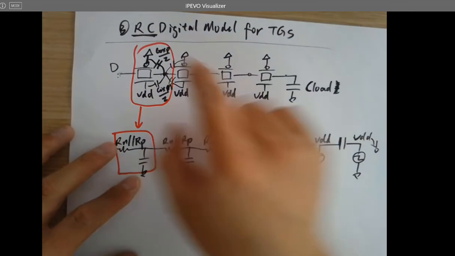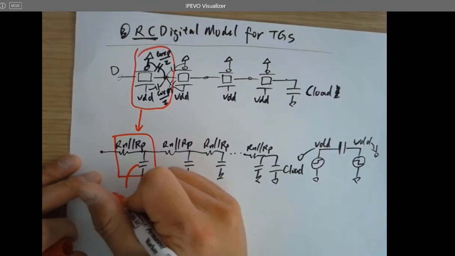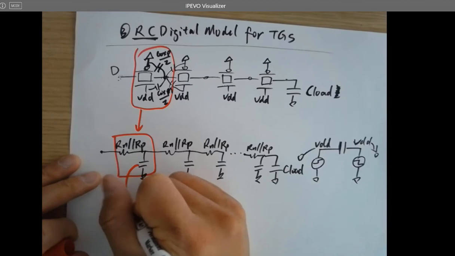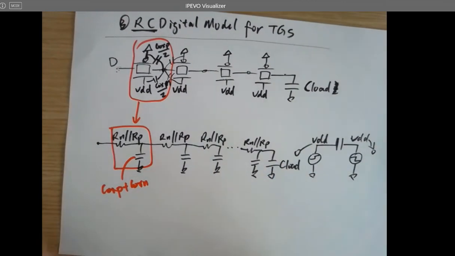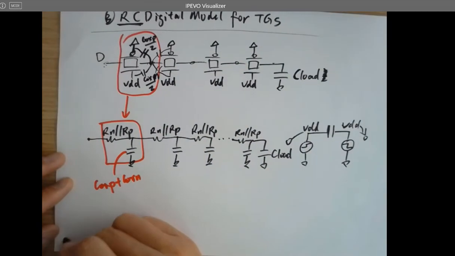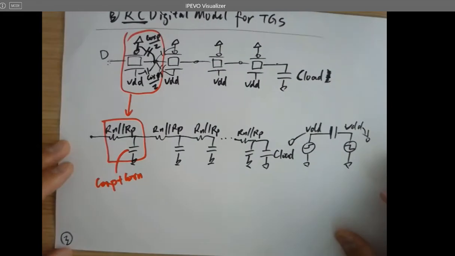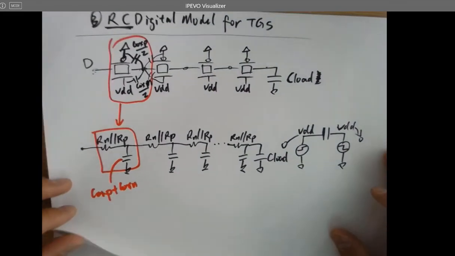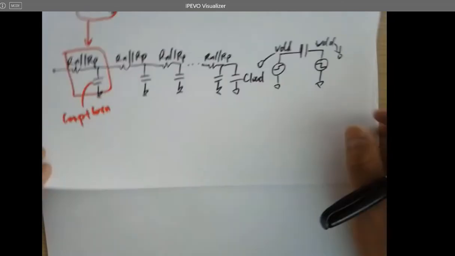So it's going to be totally Cox P plus Cox N. And they are all equal, except for the C load, which is given by the customer. All right, so this is how you model it. And now let's look at the clocked DFF, how to calculate the time delays of that circuit.